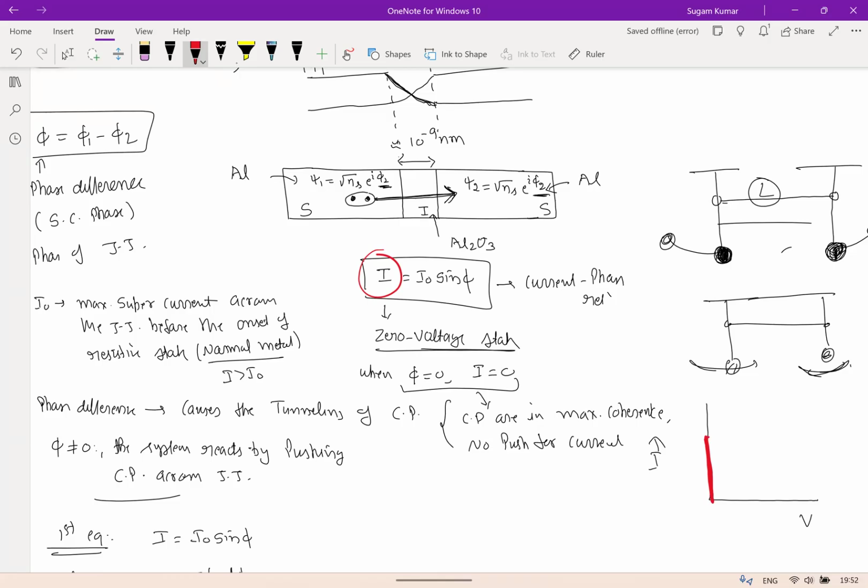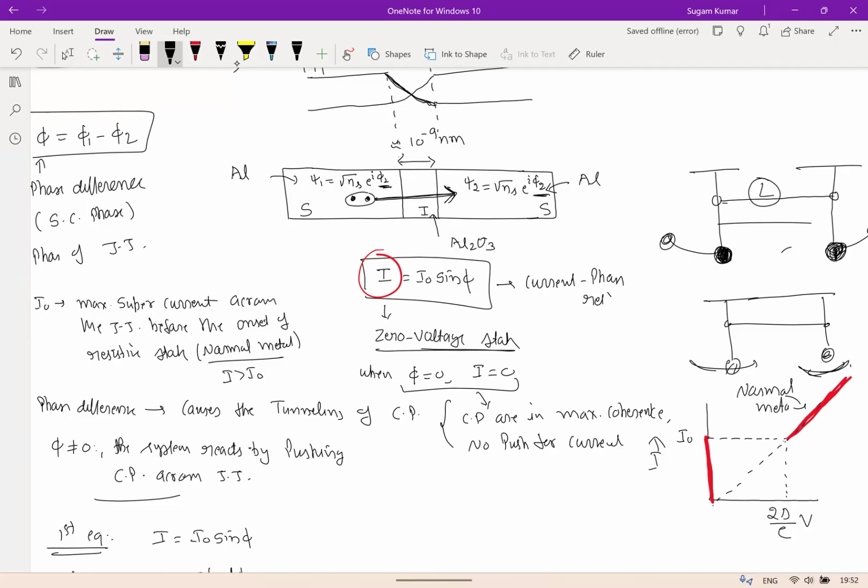Up till here, this will be I naught, that is the critical current. That is 2 delta by E. Above this, if you go further above this current, then it becomes a normal conductor, and it will follow the normal IV curve. Here it is the normal metal.